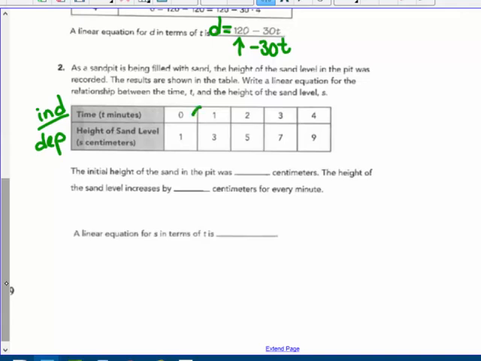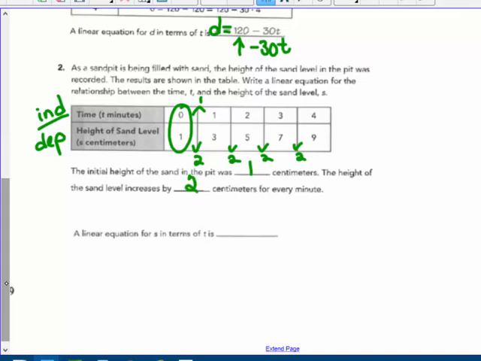And every second that it goes up, is it constant? It's going up by 2, by 2, by 2, by 2. Yes, every minute has an increase of 2 centimeters. The initial height of the sand in the pit was 1 centimeter, right here, at time 0. And the sand level increases by 2 centimeters for every minute.